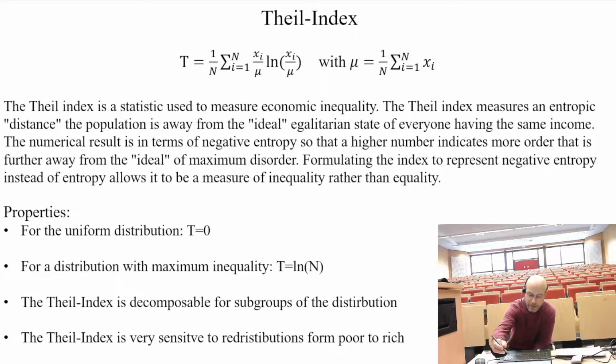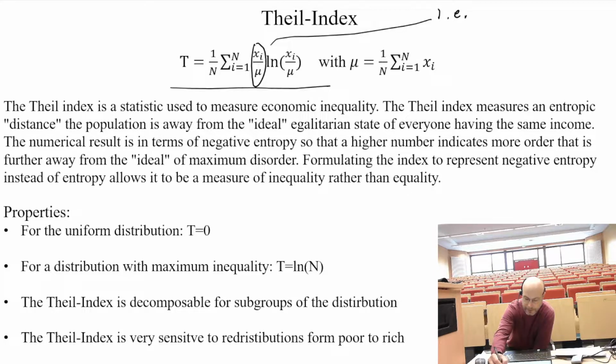If you look at the definition, then at first we calculate the ratio of our random variable, for instance the individual income, relative to the average income.